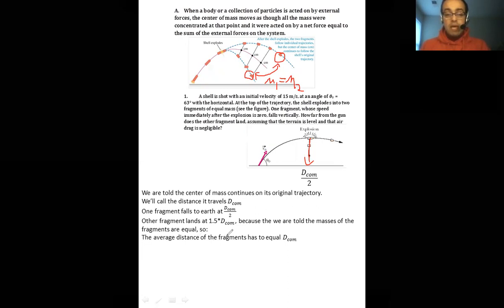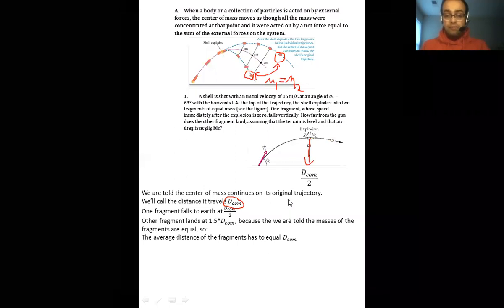So you want it to be that the distance of this further fragment averaged with the distance of this closer fragment will give you the distance of the center of mass. We know the distance of the closer fragment. We know the distance of the further fragment. We've defined that as d sub COM. So the average, so the further one, in order to give you that average, is going to be 1.5 times d sub COM.